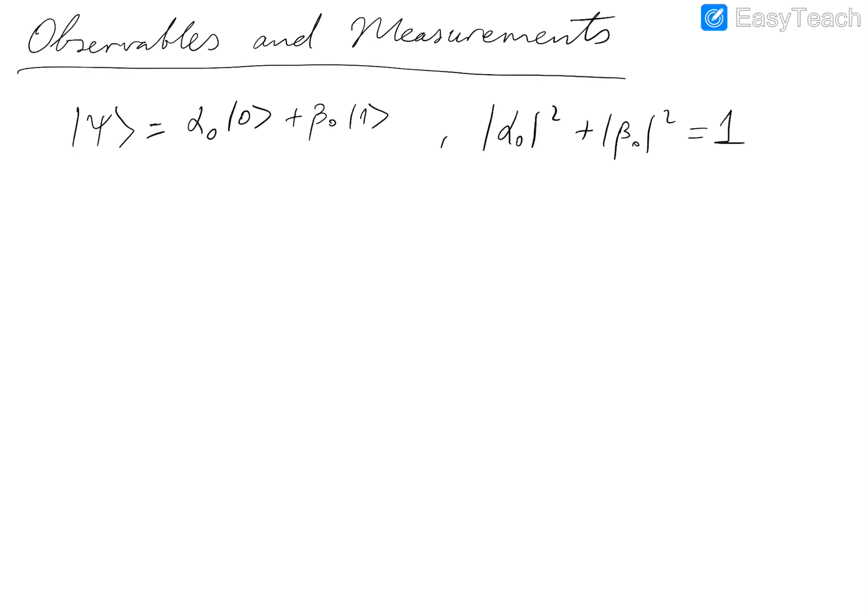Now, any measurement on psi will cause this qubit to decide which one of the basis states that it will remain in, either 0 or 1.